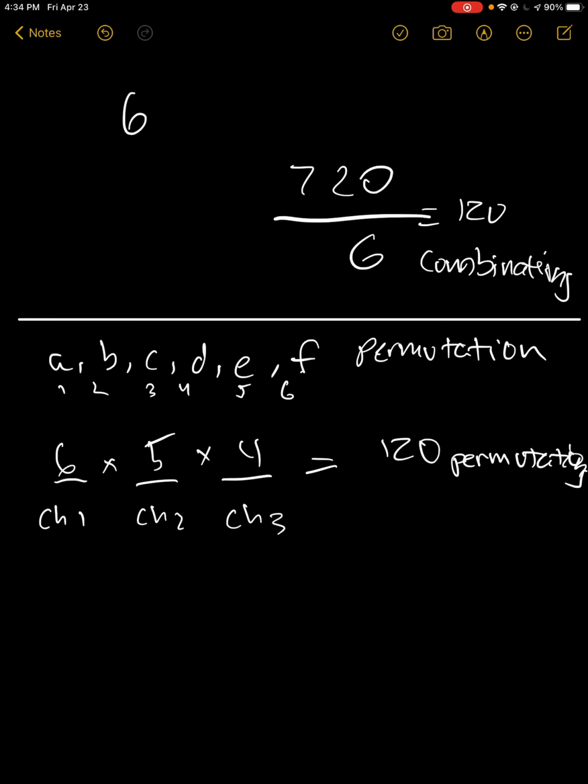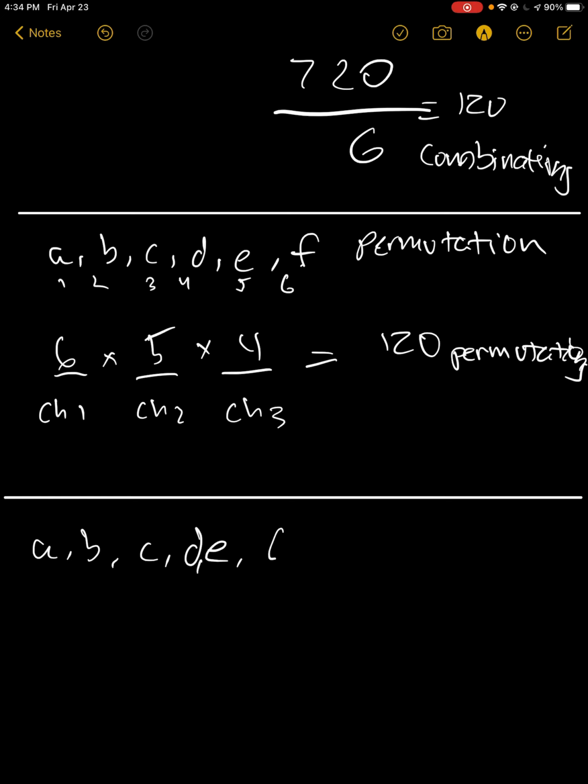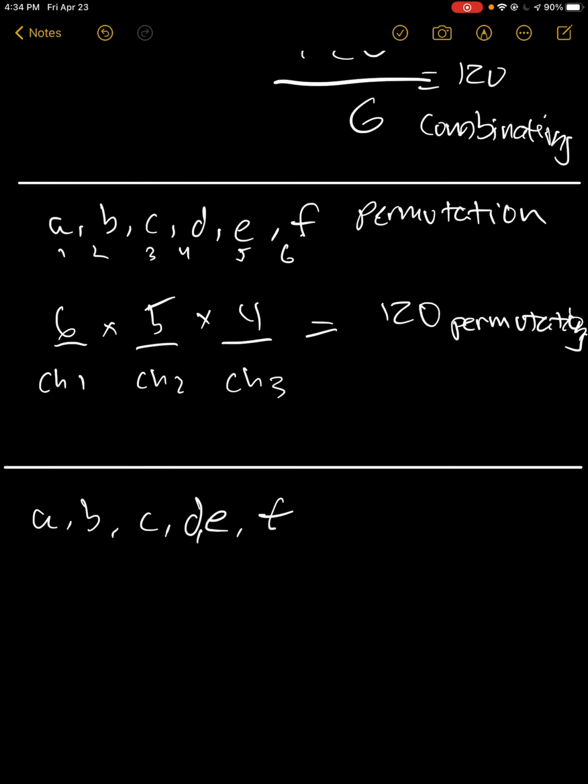Now we look at another example of this where we would be doing a combination. So we have the same thing, right? A, B, C, D, E, F. And now we just have 3 chairs, not in any order. So chair, chair, chair. So this is a combination.